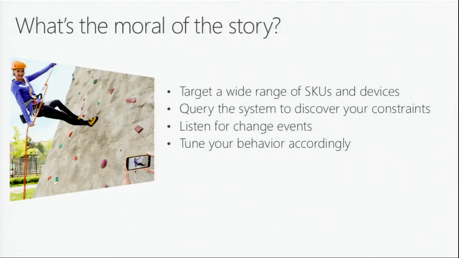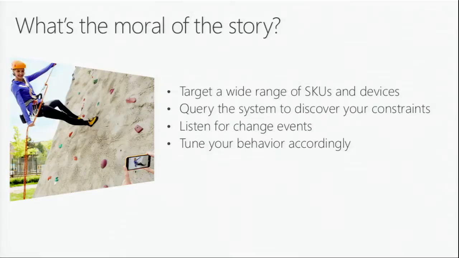You need to query the system, find out what you're actually running on. So am I running on a desktop with 128 gig, or am I running on a mobile device with 512, or am I running on an IoT device? So query the system, find out what's available to you, tune your behavior accordingly, and then also listen for change notifications.